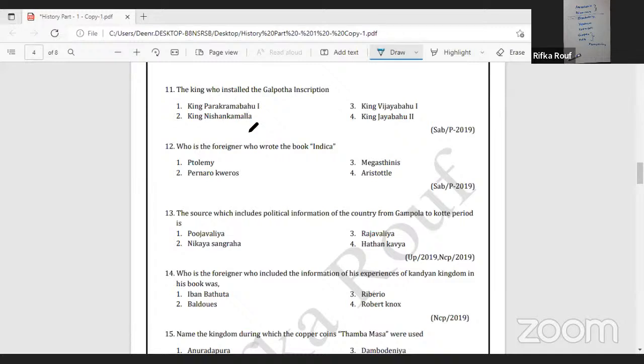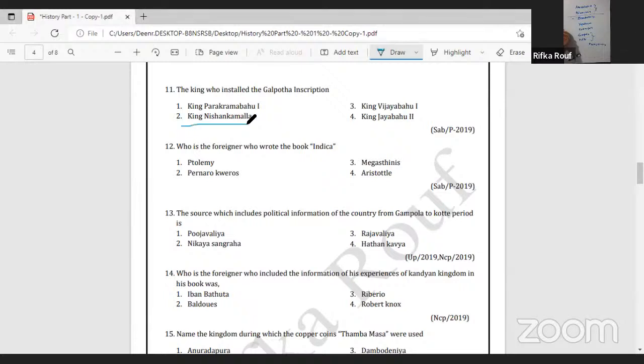The king who installed the Galpotha inscription: King Parakramabahu the first, King Nishanka Malla, King Vijayabahu the first, King Jayabahu the second. So this Galpotha inscription, yes, Rehana, Shabir, correct, it is Nishanka Malla.